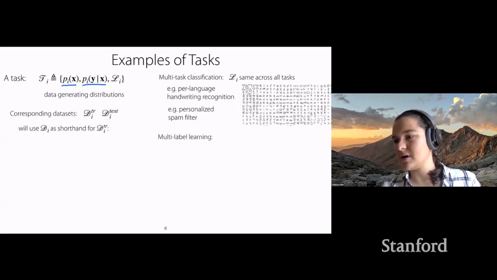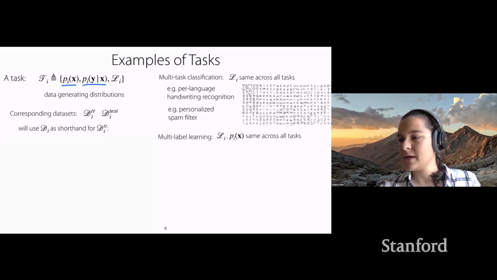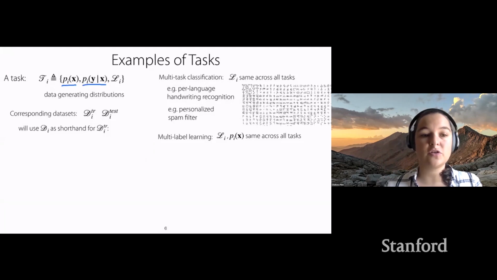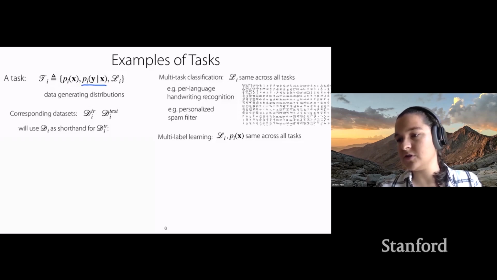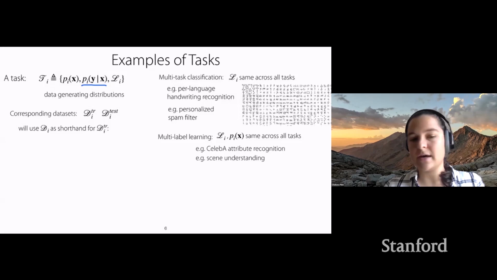Another example of a multitask learning problem is what's called multi-label learning. In this setting, the loss function and the distribution over X are going to be the same across tasks, and it's this distribution P of Y given X that's going to be different. An example of this is trying to recognize different attributes of faces.